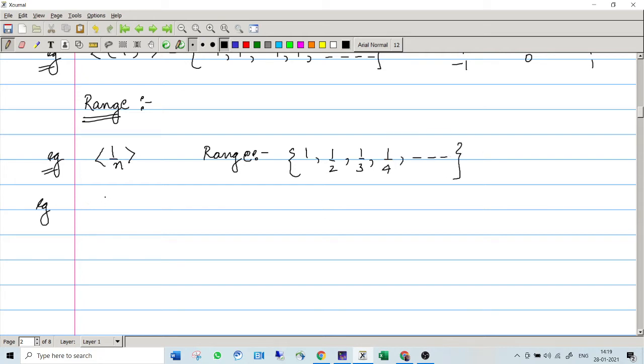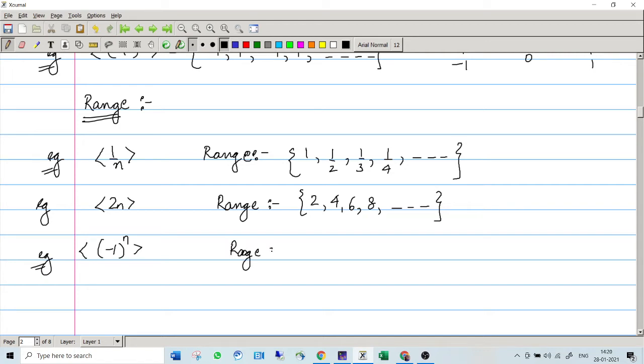And if you have the sequence as 2n, the range of the sequence will be 2, 4, 6, 8, and so on. That's fine. But if you have the sequence as -1 to the power n, the range was just -1 and 1, because we are collecting the distinct answers possible. So only answers possible were -1 and 1, even if the terms of the sequence were jumping between -1 and 1.